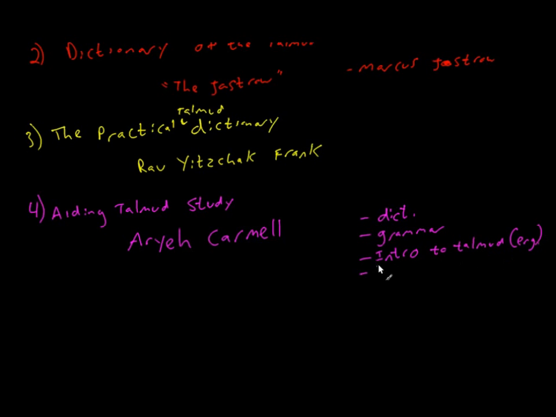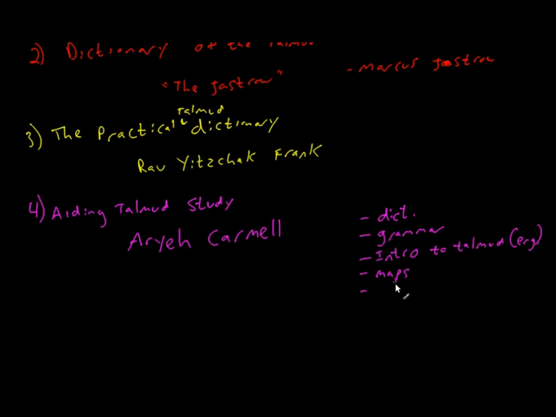Then it also has weights and measures. It has maps of Babylonia and Eretz Yisrael, as well as overlays of modern times, so you can see relatively where everything is in location to nowadays. It makes it very relevant and makes it very interesting.